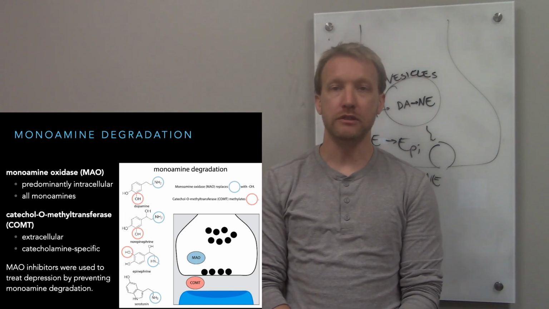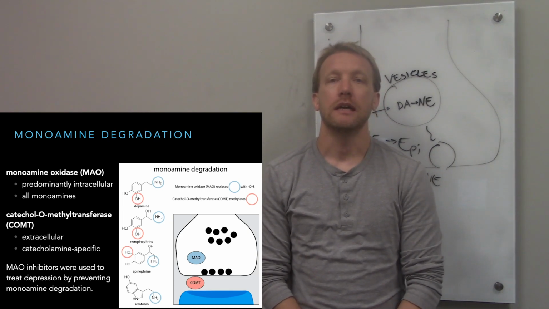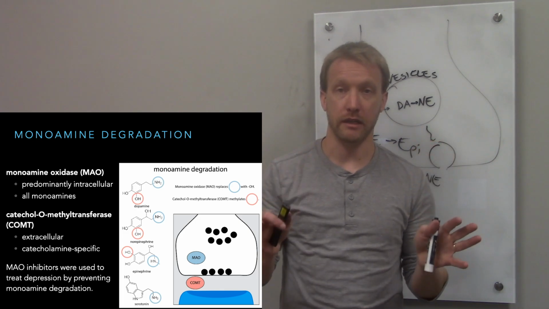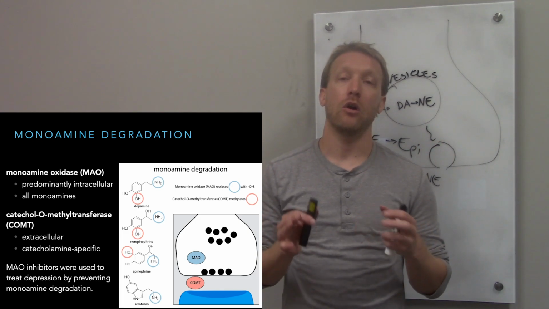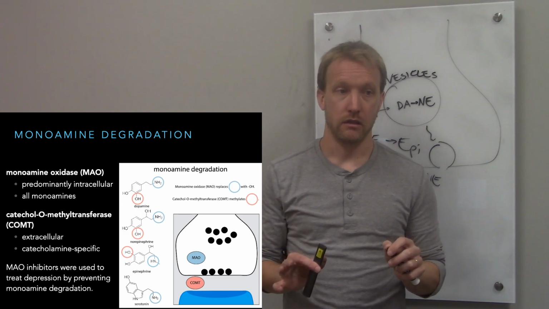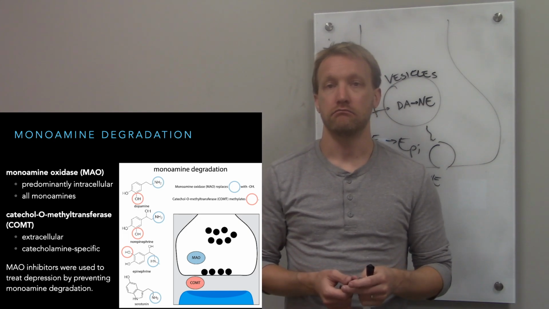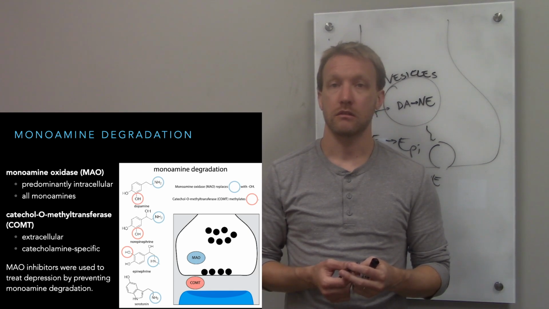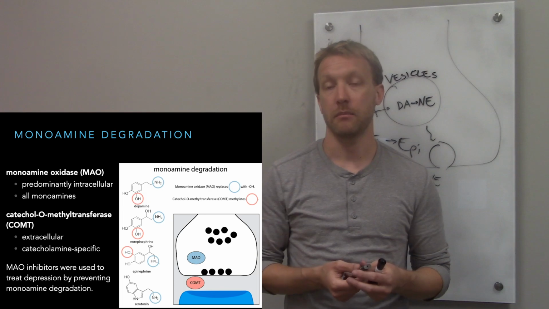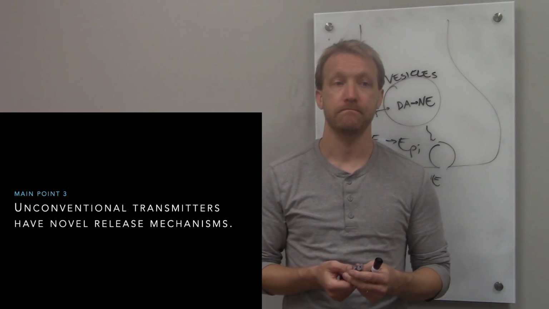And this is mostly intracellular, but not all of it is. It breaks down all monoamines. Whether you're a catecholamine or serotonin, it doesn't care, it'll break it down. Catechol-O-methyltransferase breaks down catecholamines. That's found outside. In either case, we enzymatically modify the neurotransmitter so it becomes something else and can't bind to its receptor.